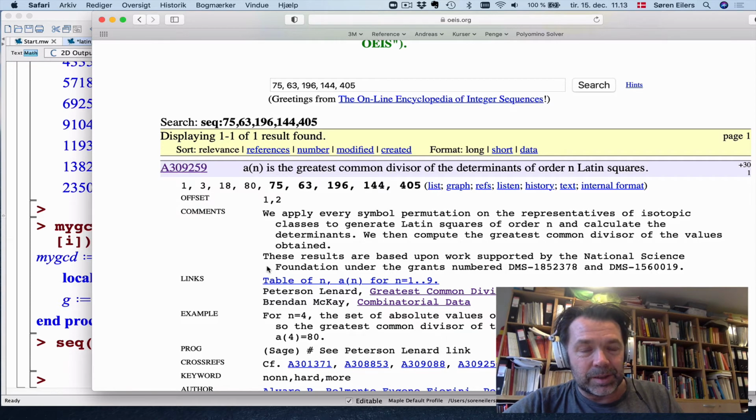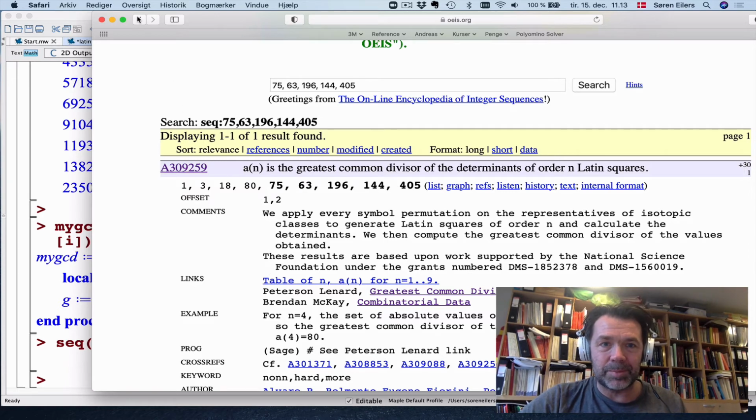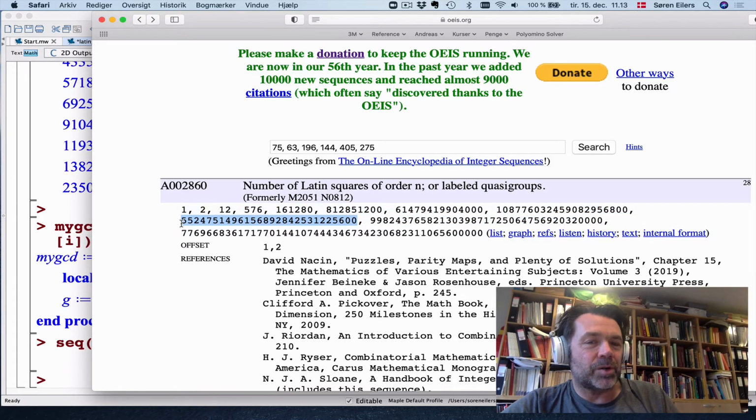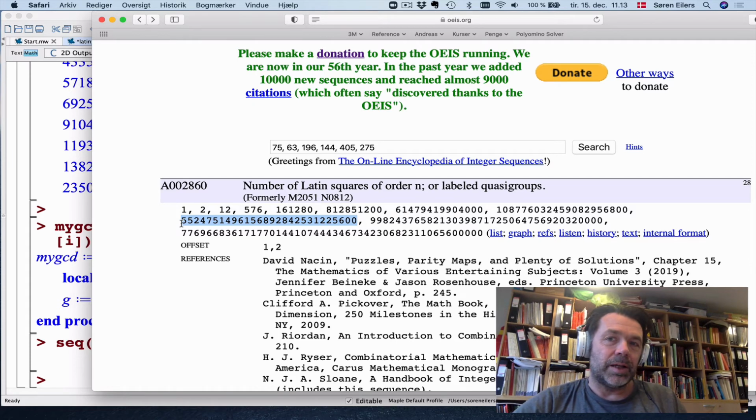Brendan McKay is a very famous person in the generation of mathematical data. They managed to simply find all the Latin squares that are 9 by 9. This was not the number we just talked about, but something still fairly astronomical, right? This number here.